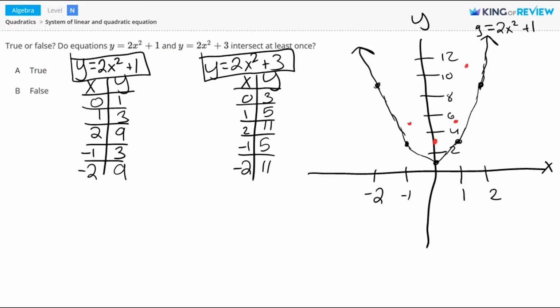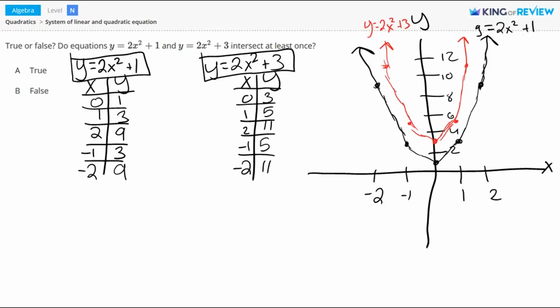And I have a point at -2, 11, which is right here. So now I can fill in the parabola using these points. Okay, and this is the equation y equals 2x squared plus 3.